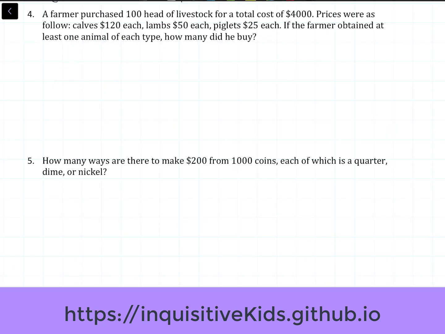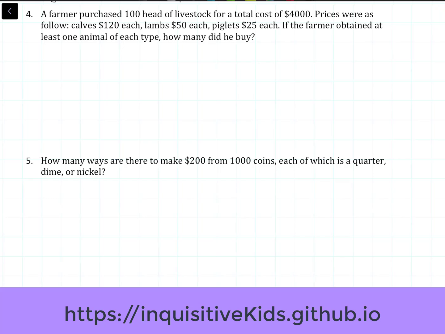A farmer purchased 100 head of livestock for a total cost of $4,000. Prices were as follows. Calves, $120 each. Lambs, $50 each. And piglets, $25 each. If the farmer obtained at least one animal of each type, how many did he buy? The first step is to express this information algebraically.